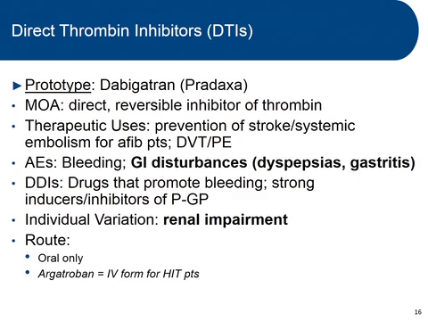Additionally, any drug that impairs hemostasis, if used concurrently with this drug, could increase the risk for bleeding. Individual variation: this drug is cleared renally, so for patients with renal dysfunction, their dose may need to be adjusted.